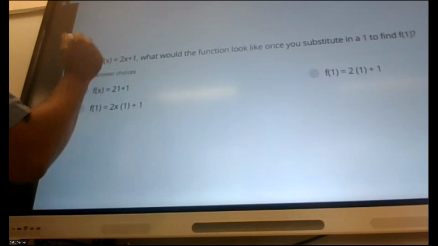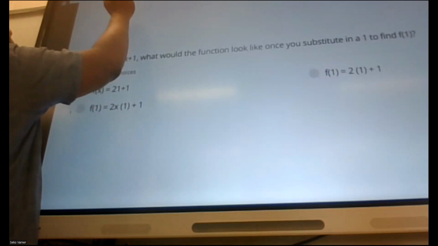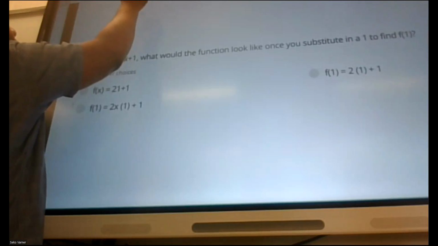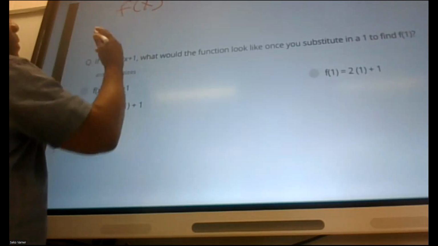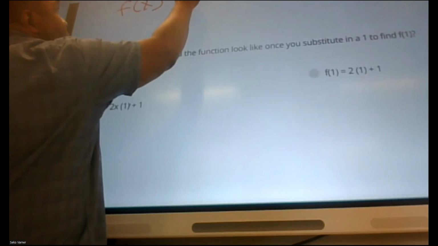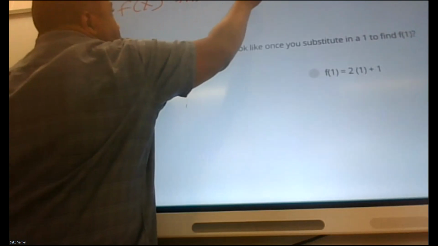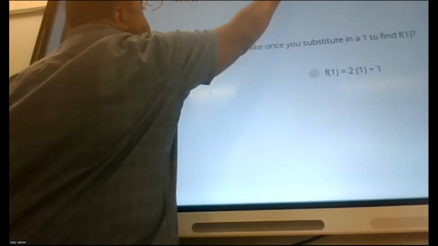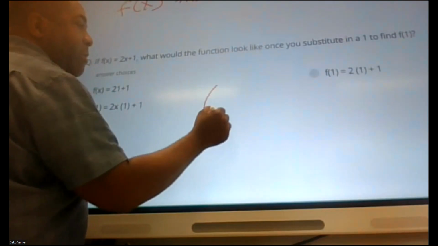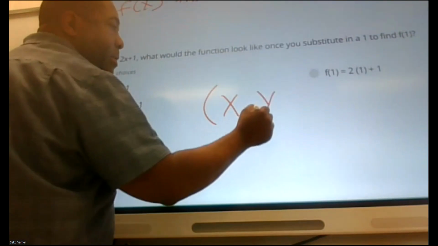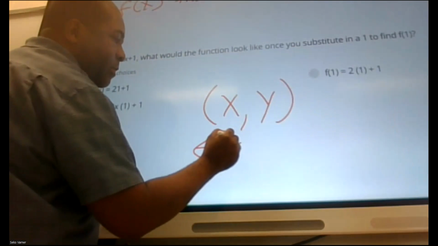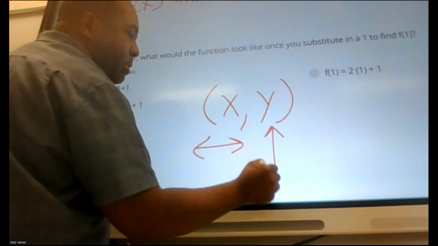This is, I kind of write down notes to remind myself, right? So if I see f of x, or function of x, this means y in my head. It means y. Remember, we have x, we have y. X is left and right, y is up and down.